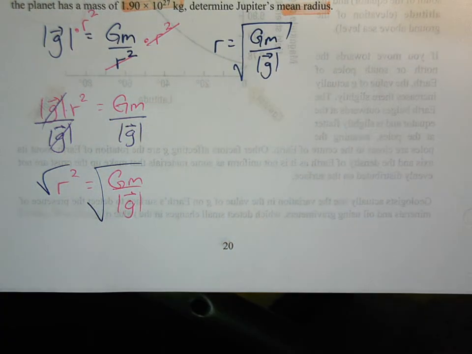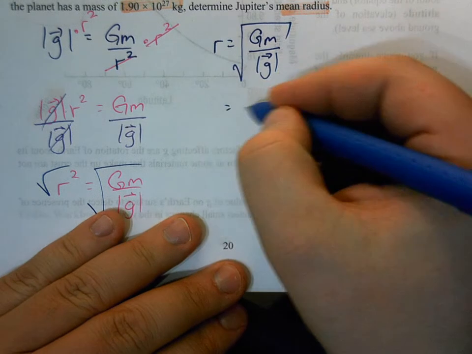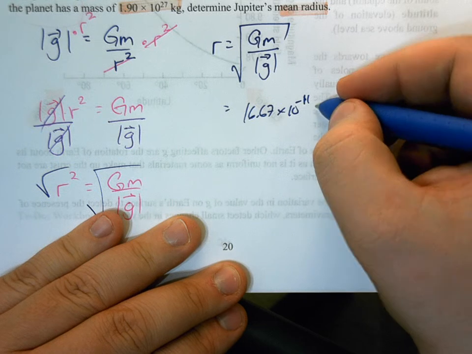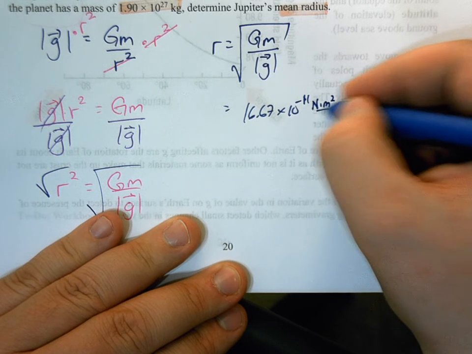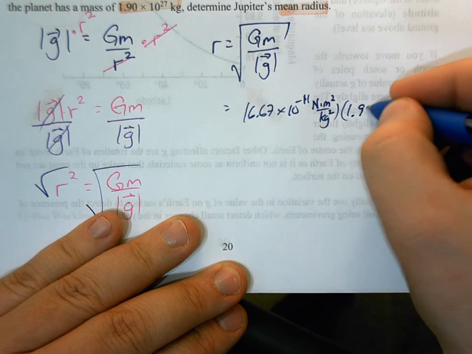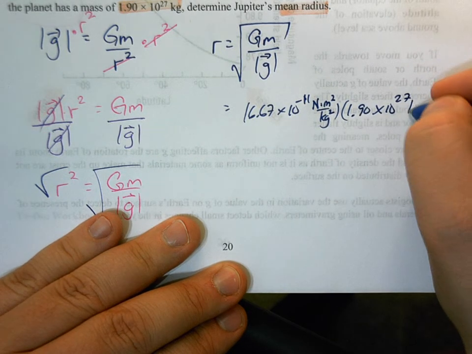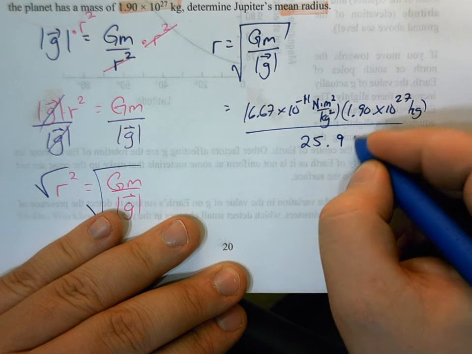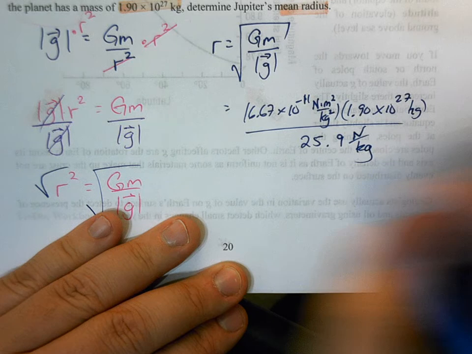So we've rearranged. Last thing, we just want to plug some things in. We have 6.67 times 10 to the minus 11 newton meters squared per kilogram squared, that mass of Jupiter, 1.90 times 10 to the 27 kilos, and then the magnitude of the gravitational field strength, 25.9 newtons per kilogram.